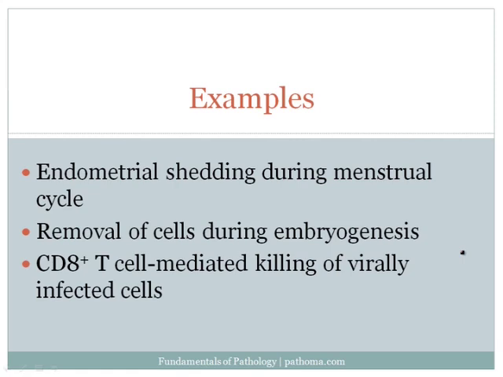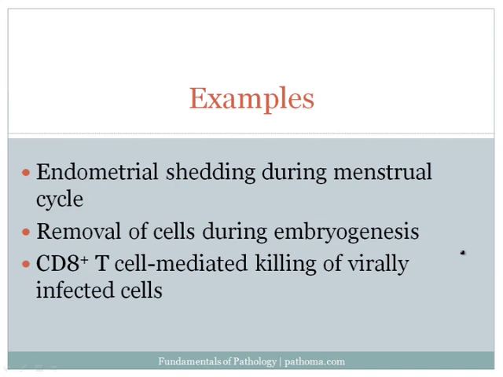And a third classic example of apoptosis would be the killing of virally infected cells by CD8 positive T cells. Now, recall that when virus infects a cell, the proteins of that virus are actually produced by the genetic machinery of the cell, and therefore, because these are endogenous proteins, they'll be expressed on MHC class I. MHC class I is present on all nucleated cells and platelets, and it expresses endogenous protein.